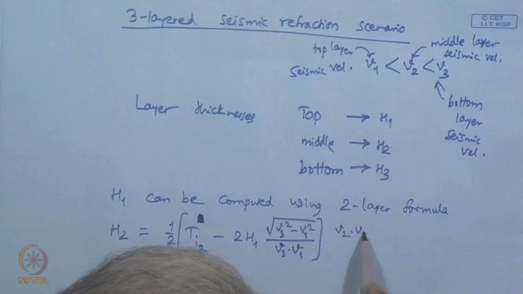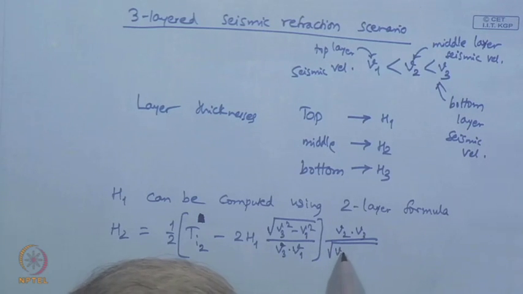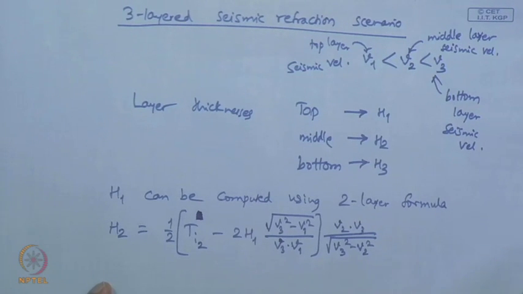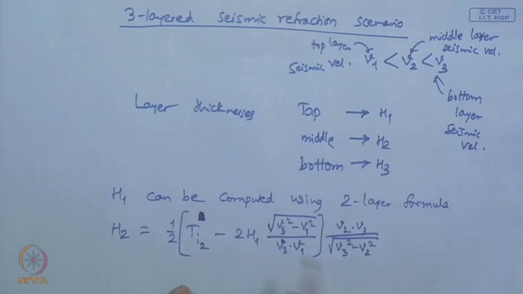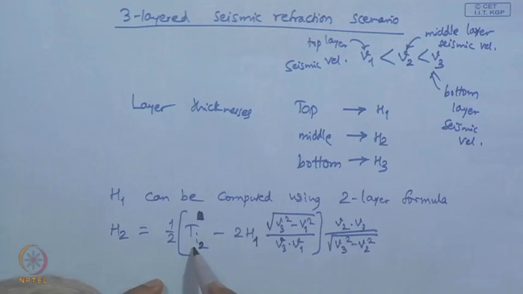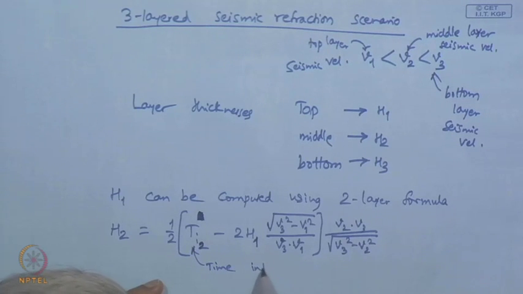So, this is the expression for determining the thickness of the middle layer H2 in terms of the velocities V1, V2, V3, as well as the thickness of the top layer and the time intercept of the V3 line.